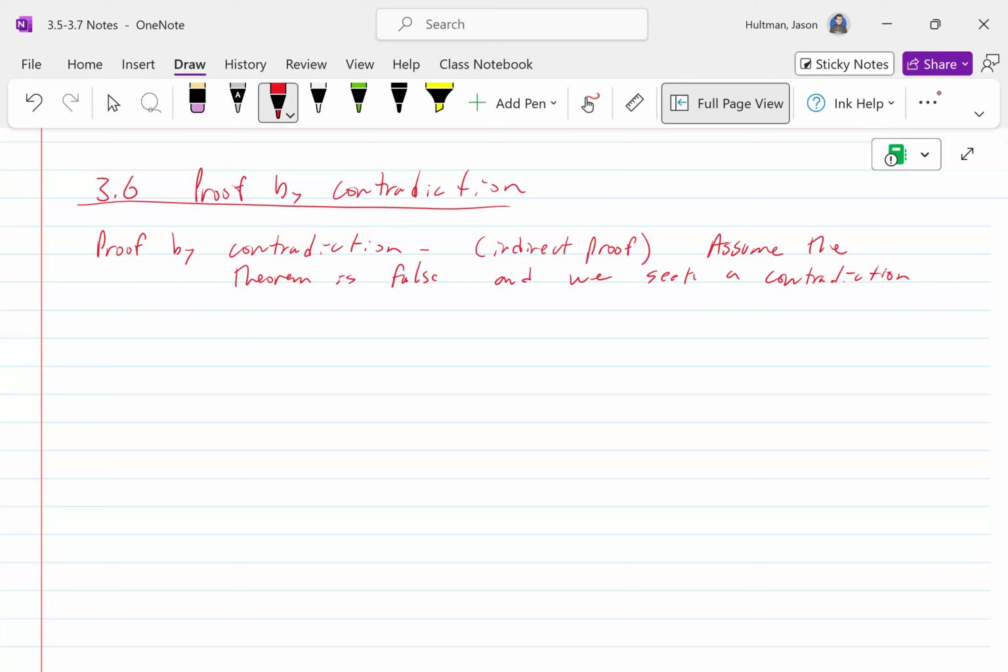It's kind of like a proof by contrapositive, but if we find a contradiction, then we know that the original had to be true.